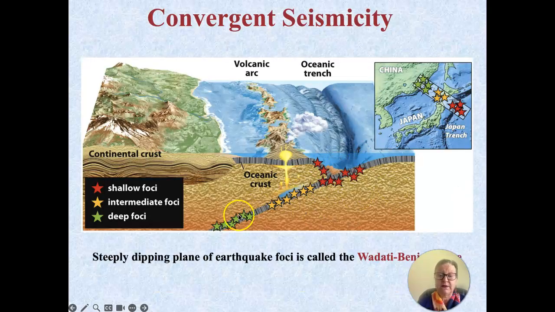Finally, if we looked at one of these on the side view and projected it up to a map, we could actually tell which plate is going down, because the shallow earthquakes will be where the plates meet, and then the deeper and deeper earthquakes that are projected to the surface are going to be in the downgoing plate. So in this case, in the Japan Trench, we have the Pacific plate going under Eurasia.